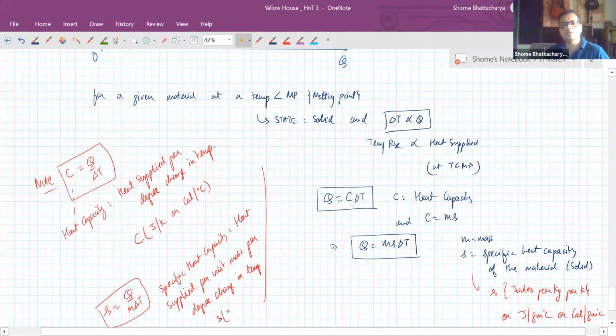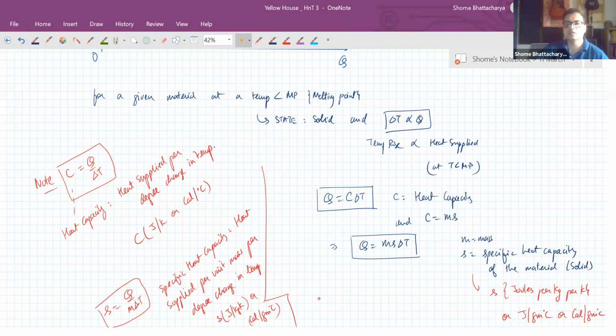And that's why we just saw that it's measured in joules per kilogram Kelvin or calories per gram degree C. So that is the difference between specific heat capacity and heat capacity. A heat capacity is for a given body or a given material, but specific heat capacity is for the unit mass of that material, for 1 kg or 1 gram, depending on the unit. I hope the difference between specific heat capacity and heat capacity is clear.